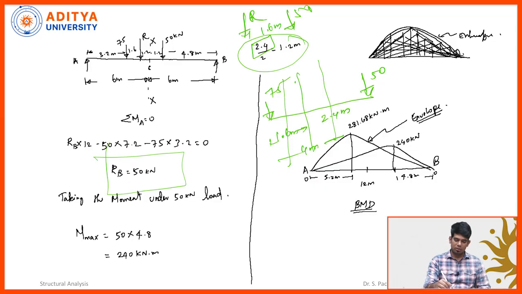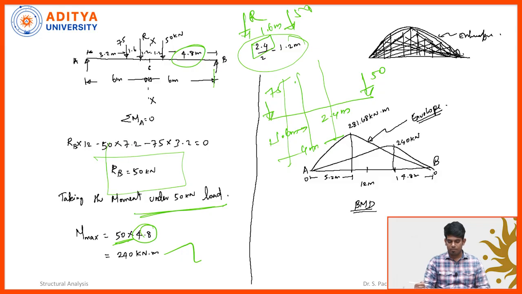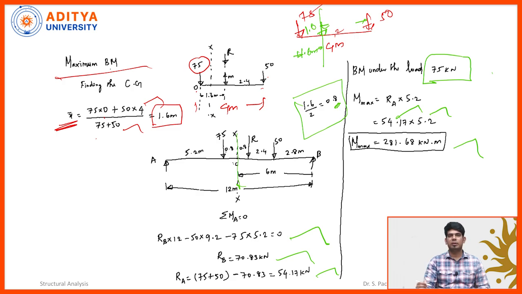Under the 50 kilonewton I have calculated the RB value as 50, and then taking the moment under the 50 kilonewton, this RB is multiplied by where the 50 is located, at 4.8 meter distance. That is why 50 multiplied by 4.8 meter distance I am getting 240 kilonewton meter. Now you see whether the 240 is maximum or 281 is maximum.